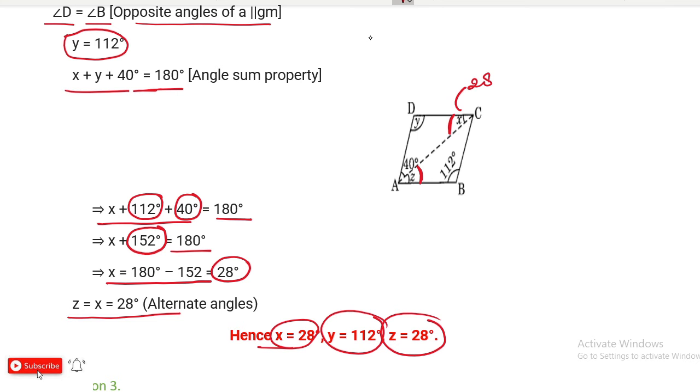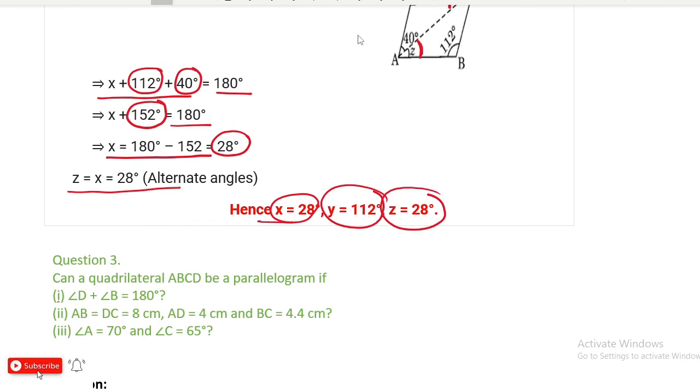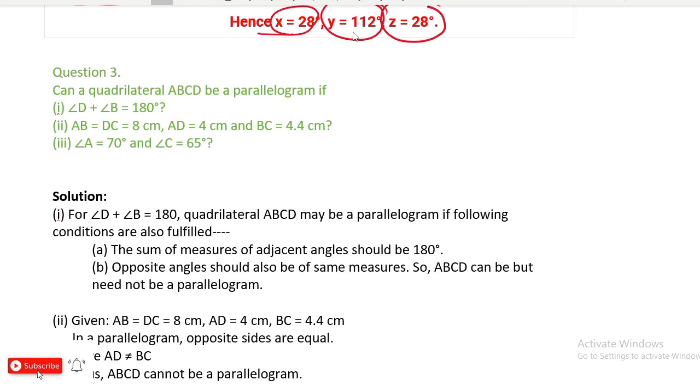Now the next question, question number 3. Question number 3 says: can a quadrilateral ABCD be a parallelogram if, first, angle D plus angle B is equal to 180?